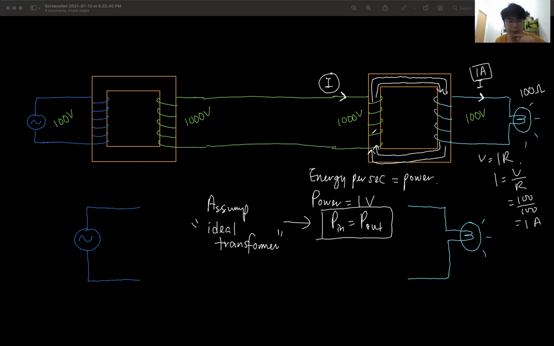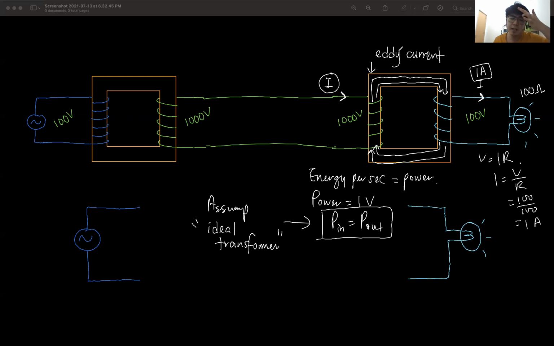That's the first. Second is that this changing magnetic flux will induce current in the iron also. It doesn't only induce current in the secondary coil, it also induces current in the iron block, which we call eddy current. Okay, what is eddy current?